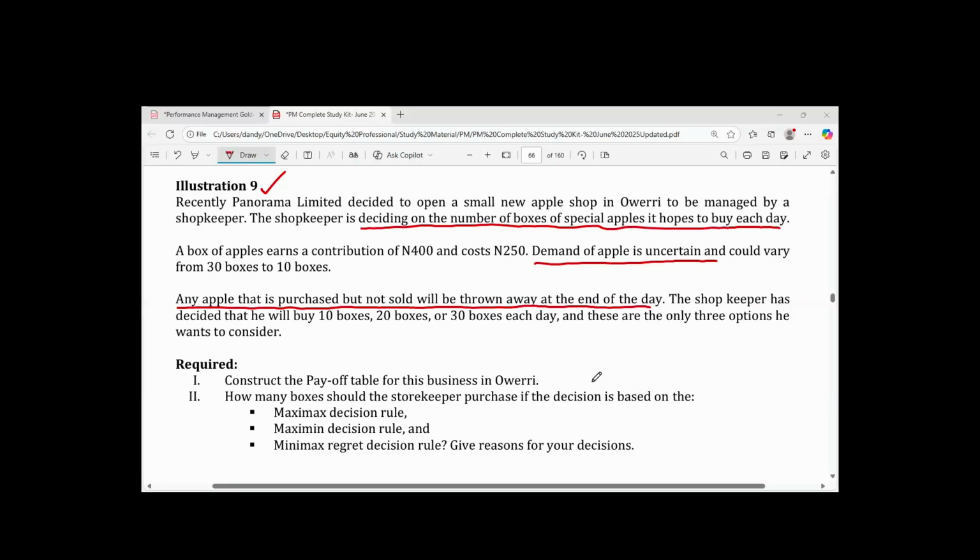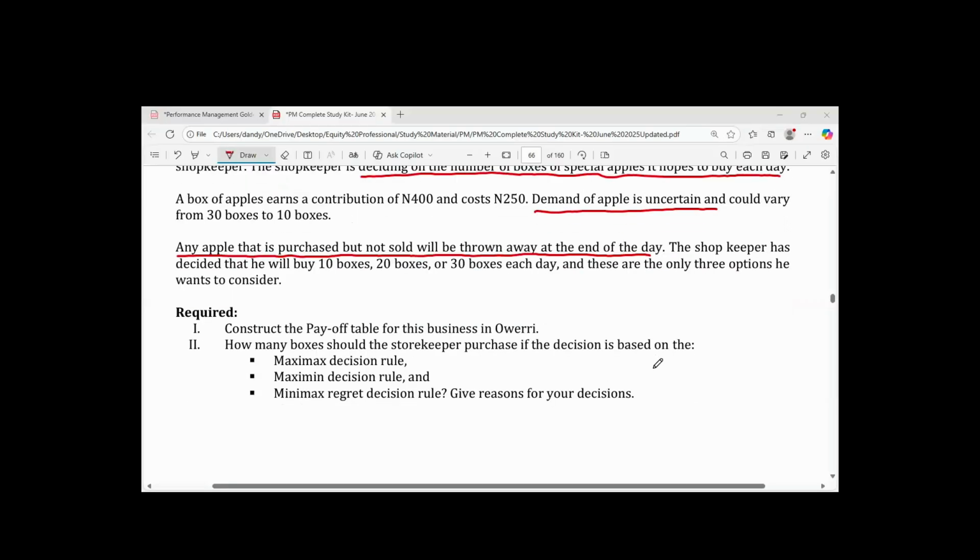How many boxes should the storekeeper purchase if the decision is based on the Maximax decision rule, Maximin decision rule, and Minimax regret decision rule?